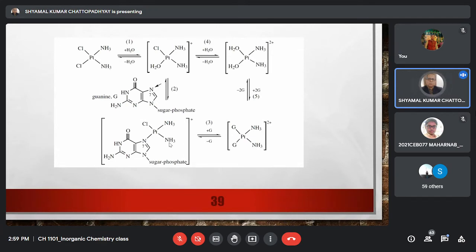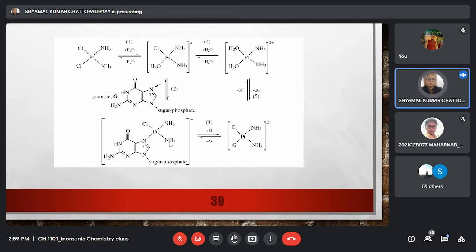They look out for the DNA damage and they repair the damaged DNA. So the body has inbuilt defense mechanisms called DNA repair enzymes through which it can repair the DNA. Now it is found that if transplatin damages the DNA, the repair enzymes can easily detect it and easily repair it.